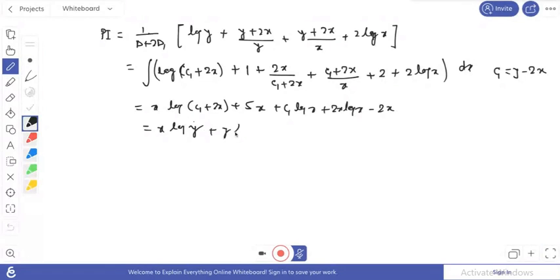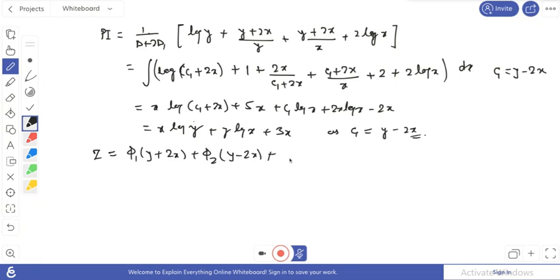So this is y log x plus 3x, because we put this thing here. So what is your z here? The general solution equals the first one, the complementary function, and the second one is your particular integral, and the particular integral is x log y log x plus 3x.